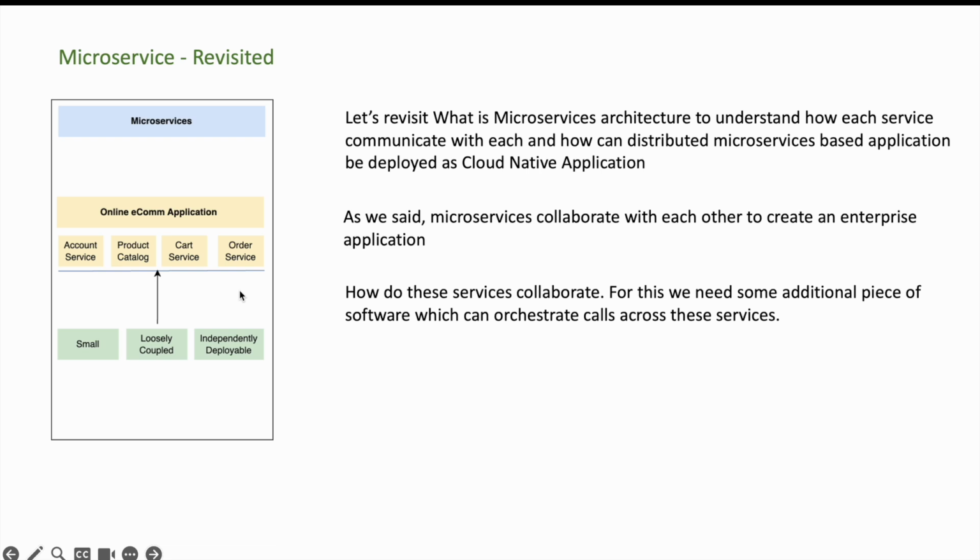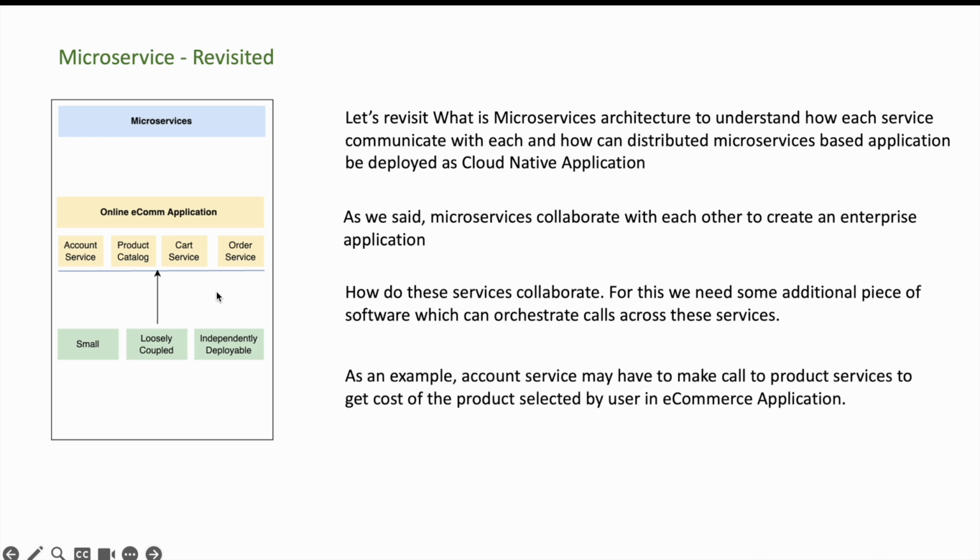We need some piece of software which can orchestrate or manage the calls across these microservices. So that is what we are saying here. As an example, the account service may have to make a call to the product service to get the cost of the product selected by the user in an e-commerce application.